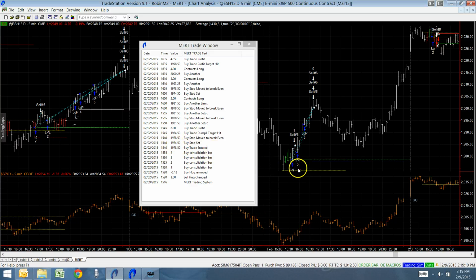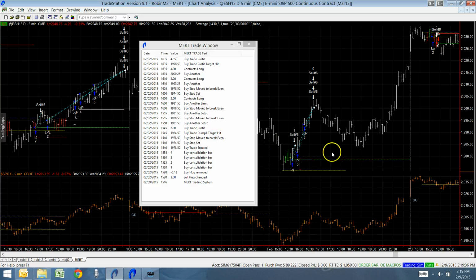That's this little red line. Now, initially this red line would be all the way to the close, just like the green line showing the entry level. But it gets moved when the stop gets moved. So very soon, in fact, almost in the same bar, because it's a big bar, the buy stop moved to break even, which is why that line's only a little line.